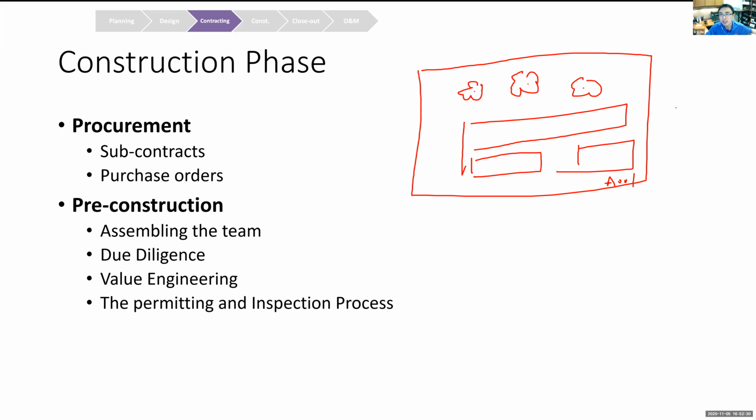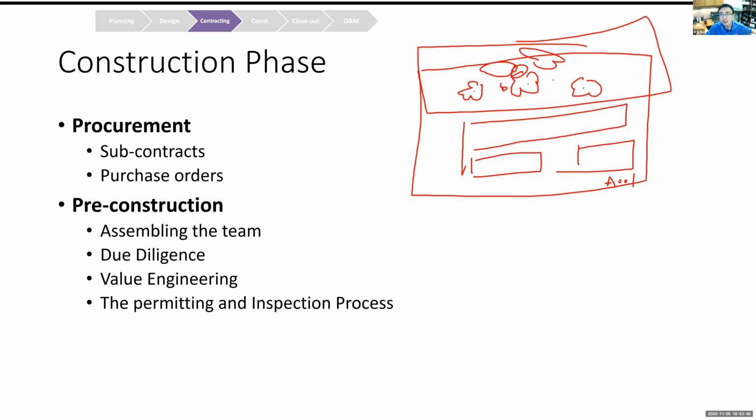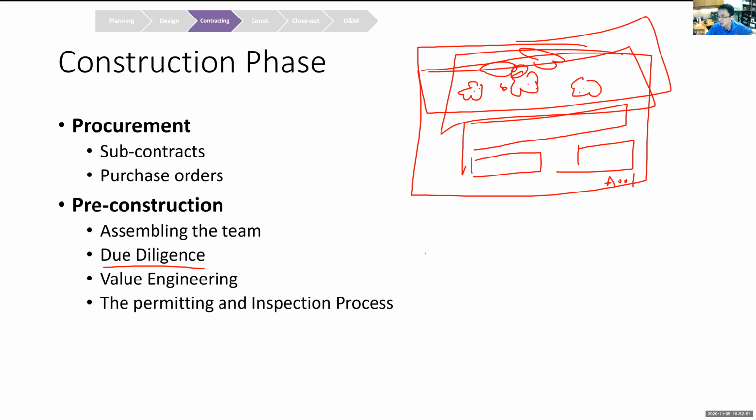They are trees, right? That project manager just read the drawing instead of going to the job site, and thought there were only 3 trees to be removed. But on day one, when they went to the job site, they saw a forest. You guys know why, right? Because a lot of times the architects just use the symbol to show this is a forest. That is actually due diligence.